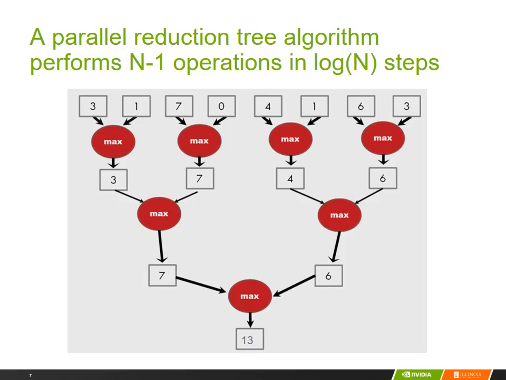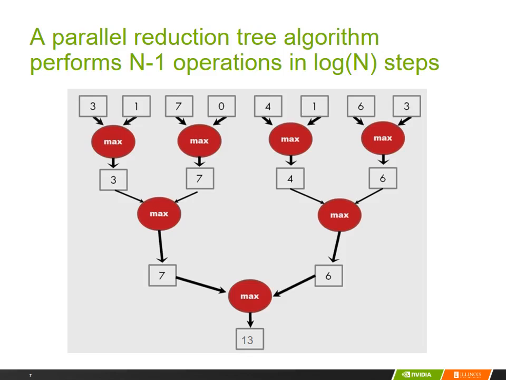So this is a parallel algorithm that will perform n-1 operations on n input elements. We can perform the parallel operations in 3 steps when we process 8 elements, and in general, we will be performing log n steps when processing n elements.